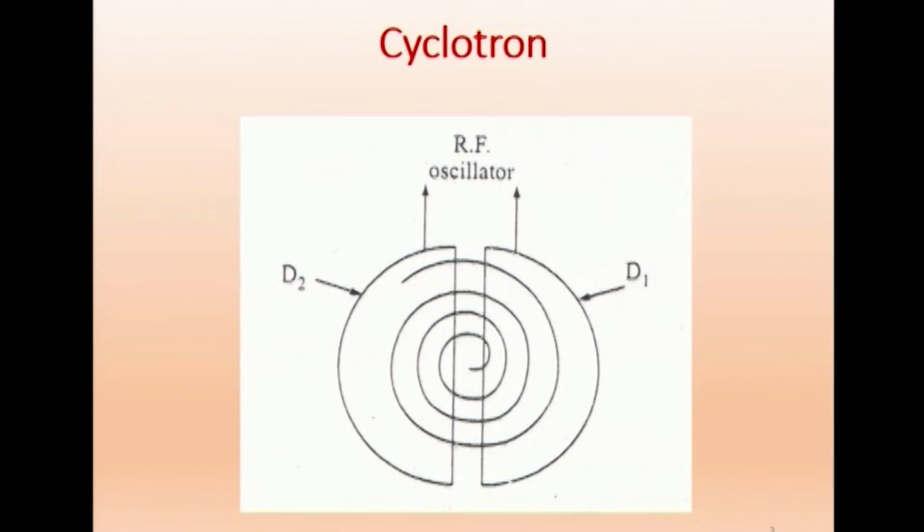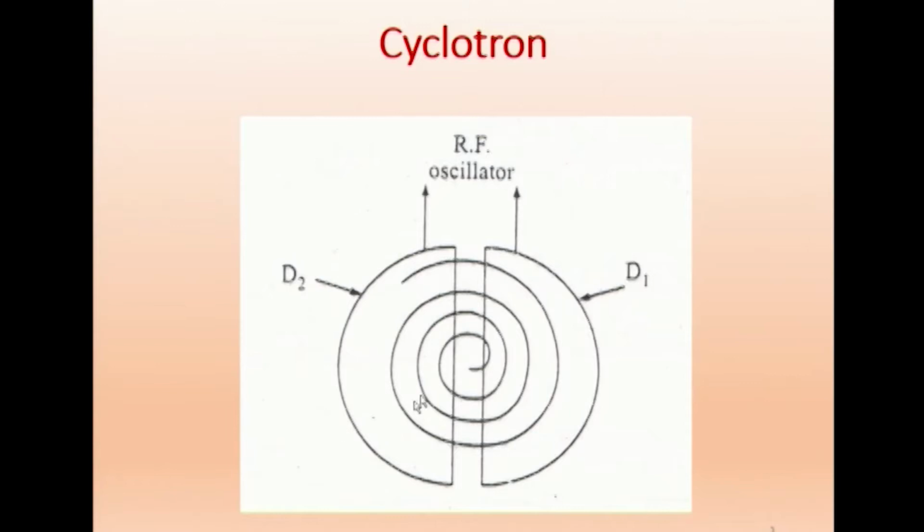Imagine a disc with closed upper and lower ends. If the height is very small, it becomes a hollow flat cylinder, and we call it a D.